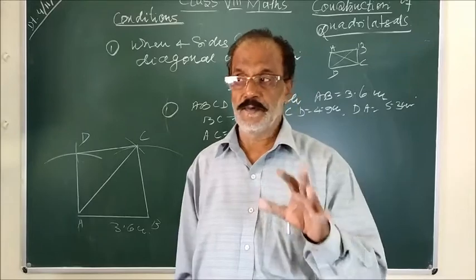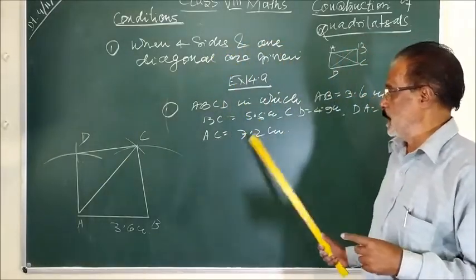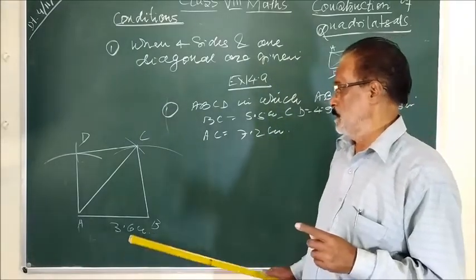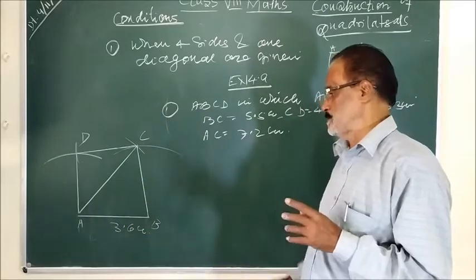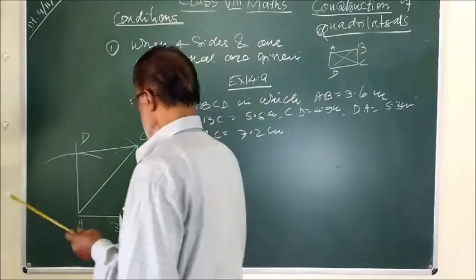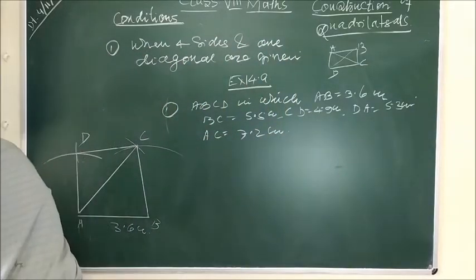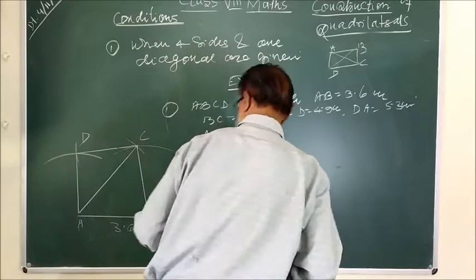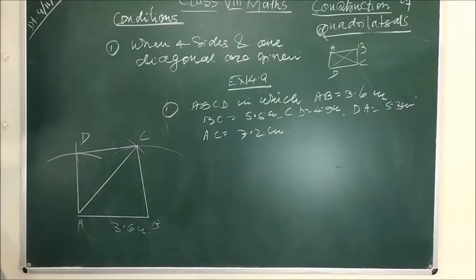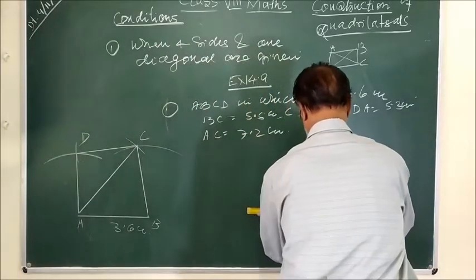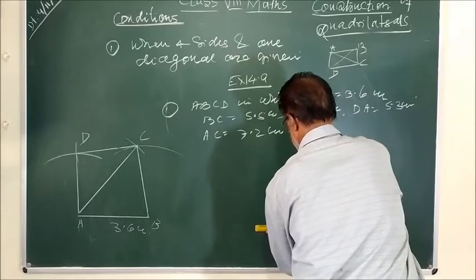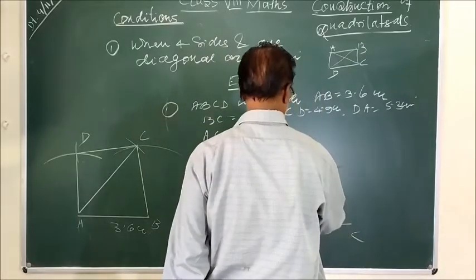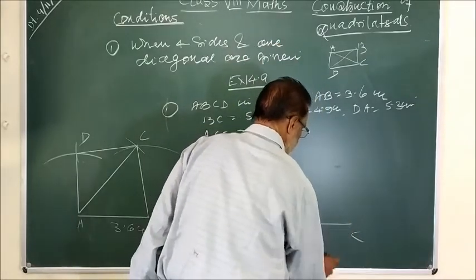Here we are learning how to draw the quadrilateral when 4 sides and one diagonal are given. It is not necessary to take this one first; we can take any side, and we can even take the diagonal. So suppose you take BC, and BC is 5.5. We can take any side. Taking BC, you draw A, B, C, D in order.